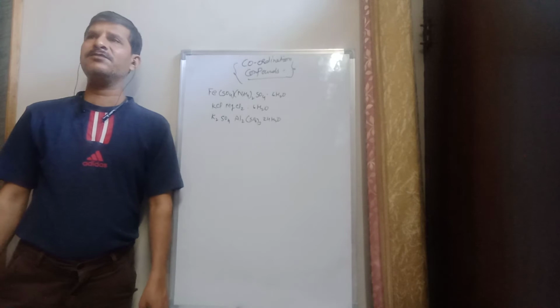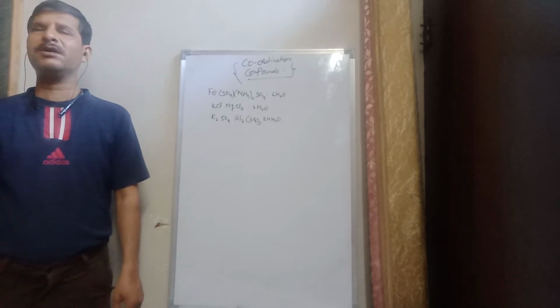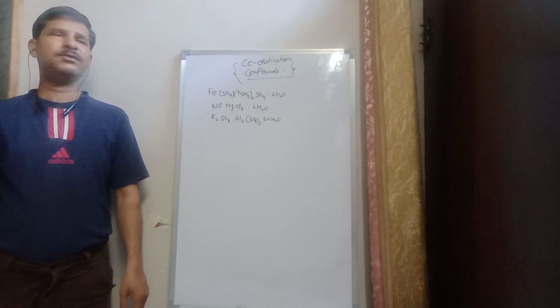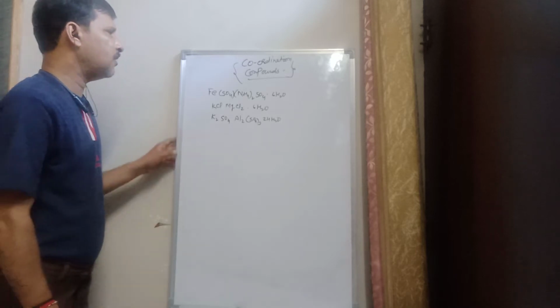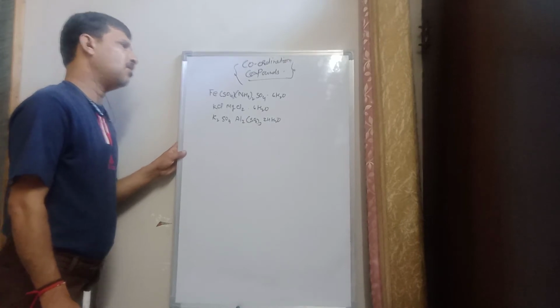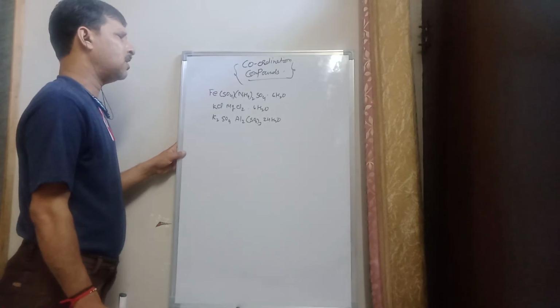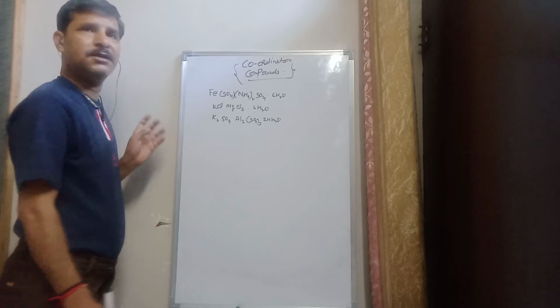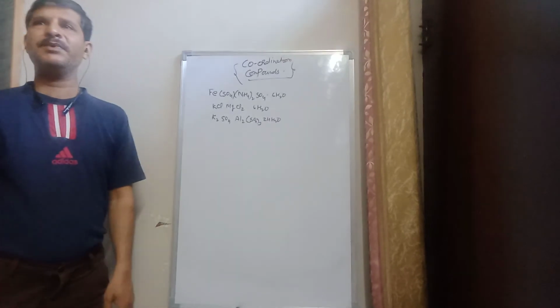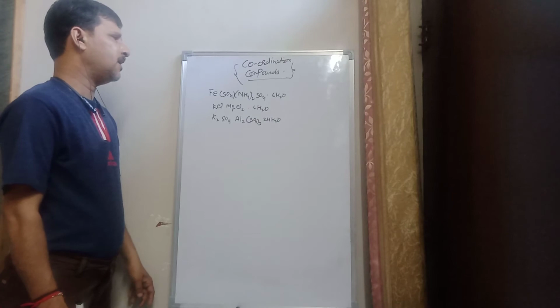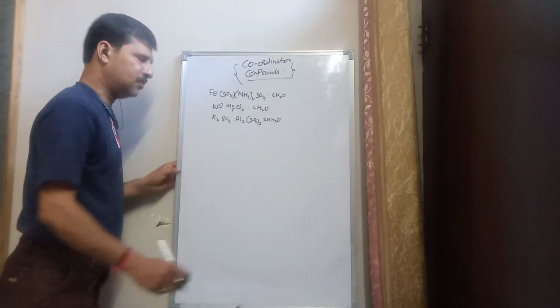Simple salts do not conduct electricity in the solid state. In the same way, double salts do not exhibit the characteristics of their individual cations and anions, and do not conduct electricity in the solid state. But in aqueous solution they exhibit conductance.